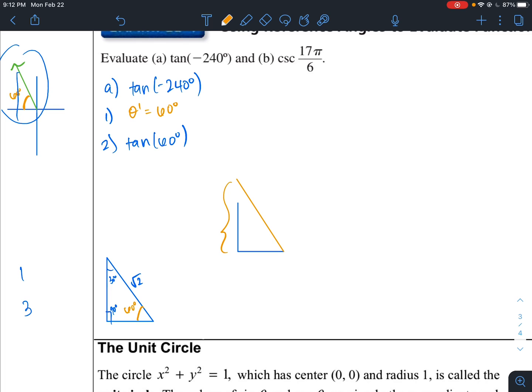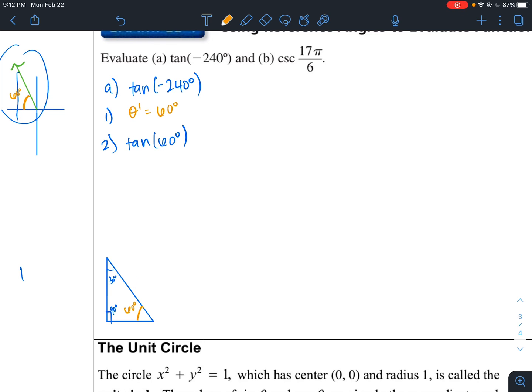So that means this side on the left will be longer. 30 degrees creates a shorter side, so the side opposite of 30 degrees will always be the smaller side.